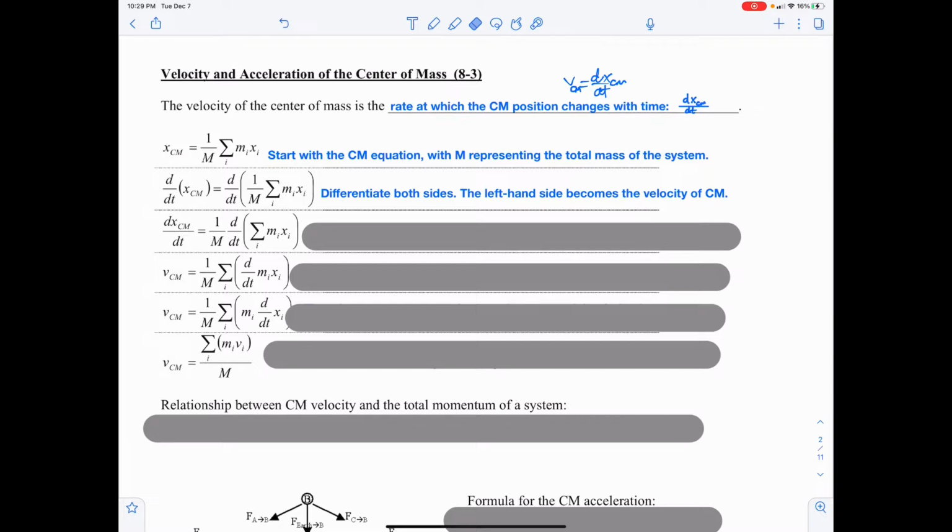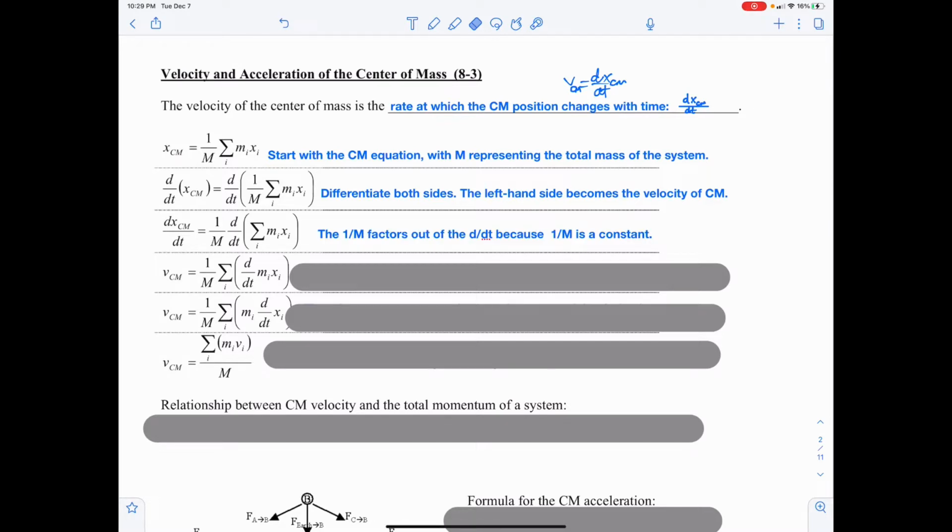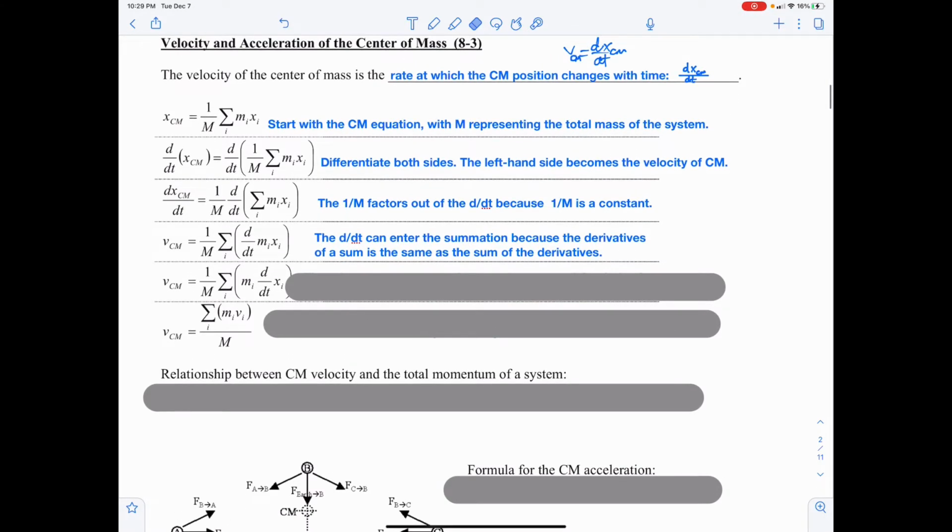Since 1 over M is a constant, we can pull it out, factor it out. Here you can see the derivative of the center of mass becomes the velocity of the center of mass. The d/dt can enter the summation because the derivative of a sum is the same as the sum of the derivatives.